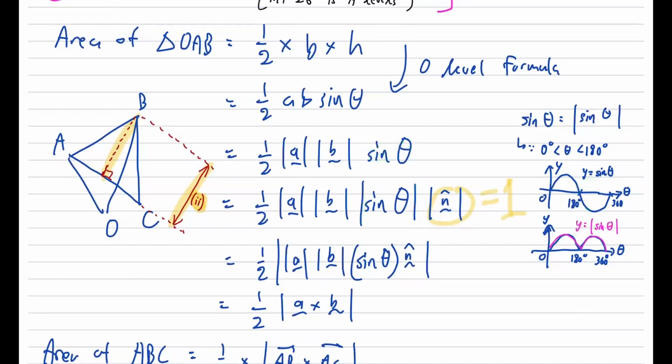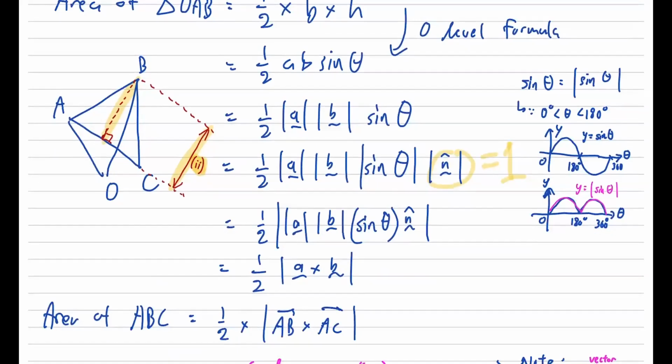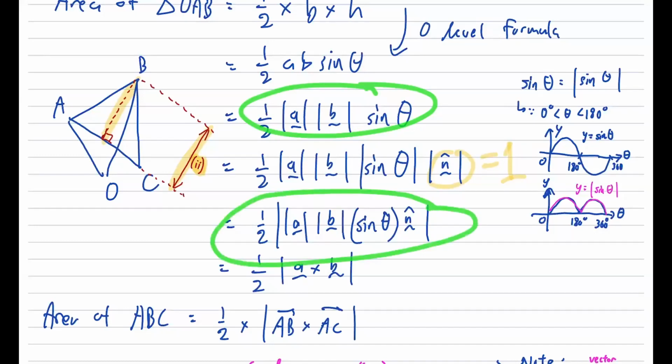And over here, there's an invisible times 1. Times 1 is really just the length of a unit vector n cap, which is a normal vector. Therefore, you can reinterpret this entire thing as half times the modulus of mod A mod B sine theta times a unit vector n.